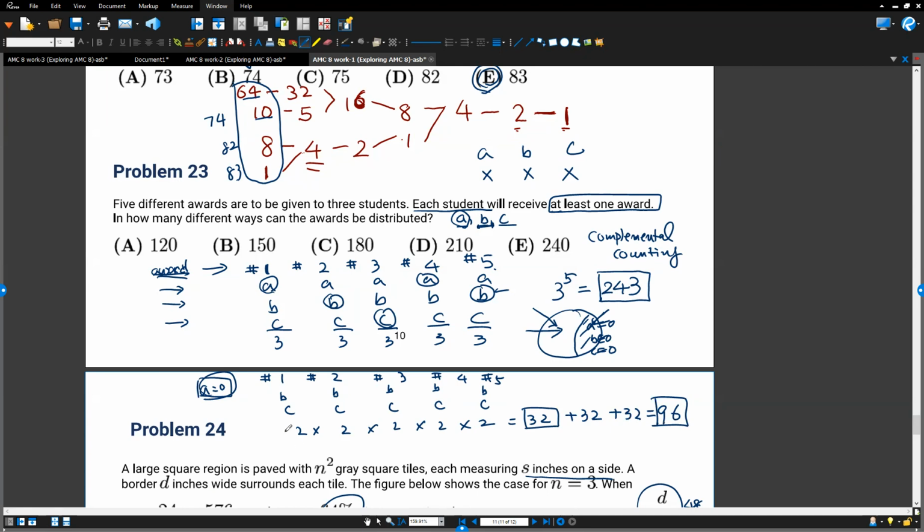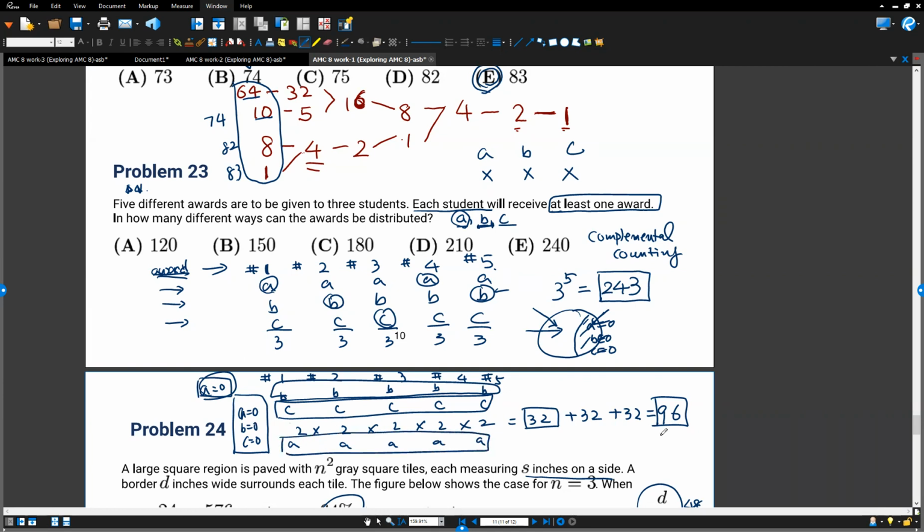But in this case, A is 0, B is 0, C is 0, together is what? We took them out twice. Okay, this is a little bit hard to understand. But in this case, you can add back the case where A, B, C are all empty.